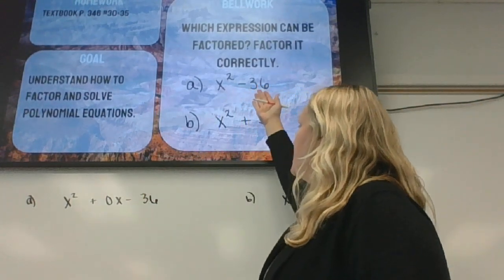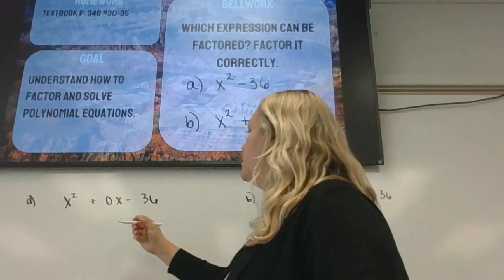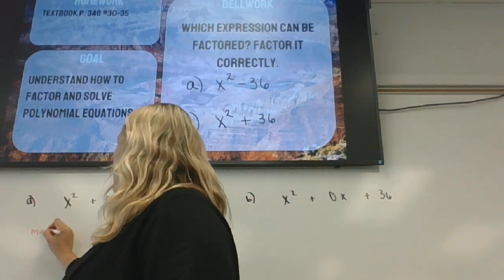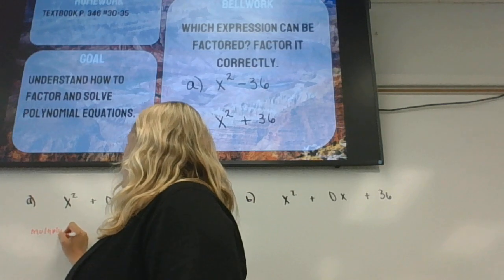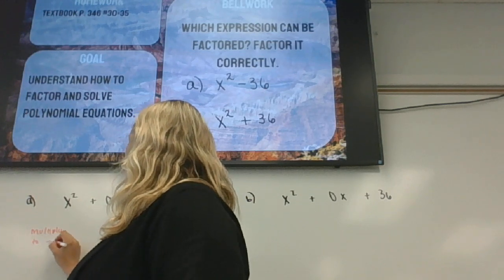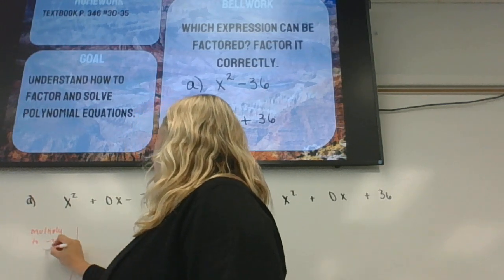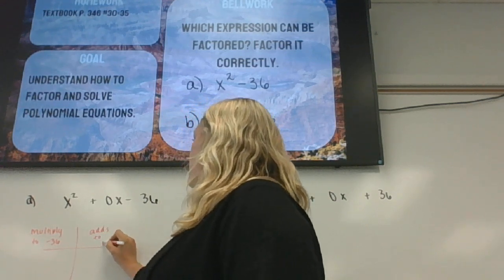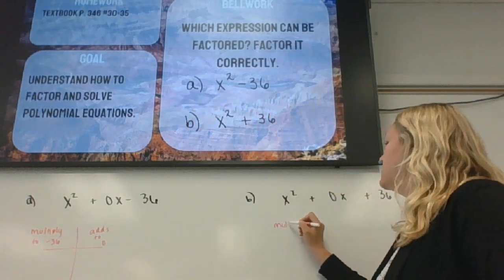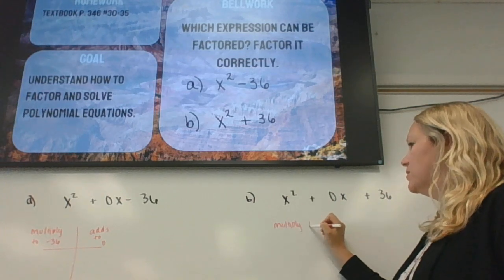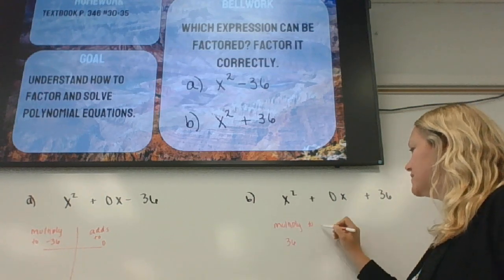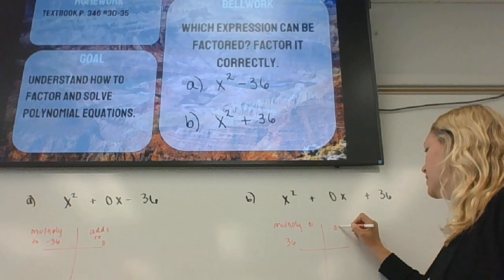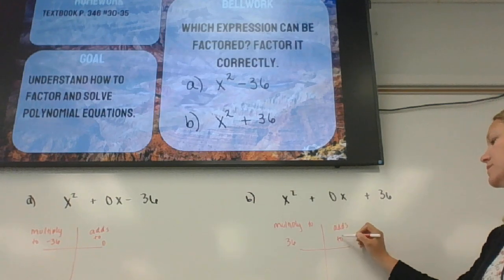36 is a perfect square, so you can just factor it by square rooting, or you can go about it with the chart method: what multiplies to negative 36 and adds to 0? And then this one, what multiplies to positive 36 but adds to 0?